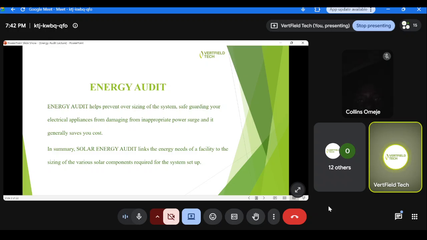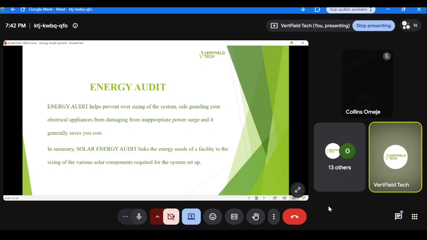So giving him a solar system will provide him steady power supply. That is quite all right. That is fantastic. That is beautiful, right? But then we really need to know the things that he intends to power up, so that we do not give him a too large system or a too small system.